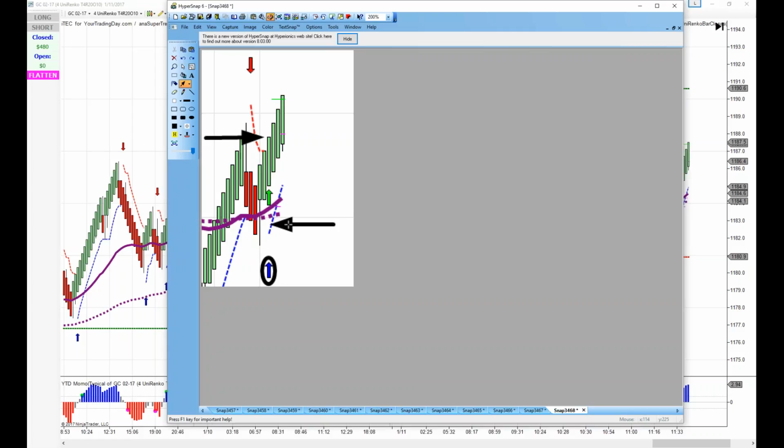So my stop loss is down here 25 ticks away. This is where I got into the trade. And right up here, I hit my first target of 10 ticks. 10 ticks. So at that point, I want to close out 2/3 of my contracts.